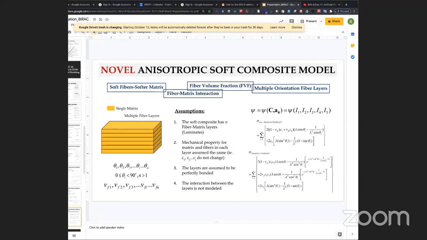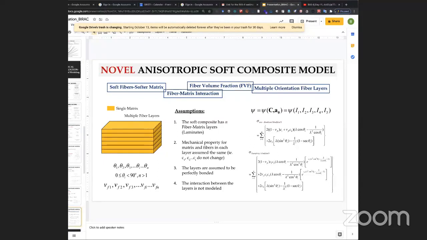Based on that we have come up with this big, scary looking equation on the right. All this boils down to is it takes into account the orientation of the fibers, the orientation in different layers, how much fibers are present in which layer, and throws out a fully functional stress strain equation. We can use that to compare the real and artificial tissues.